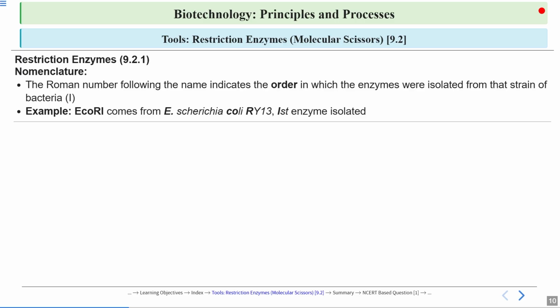H is Haemophilus, the genus. N is influenzae, the species. D is the RD, it was the strain. And 2 is the order in which this restriction enzyme has been isolated. This is the nomenclature, how we name these restriction enzymes.